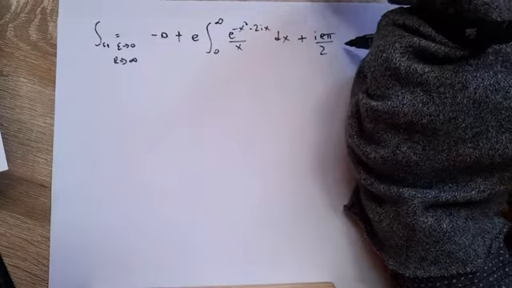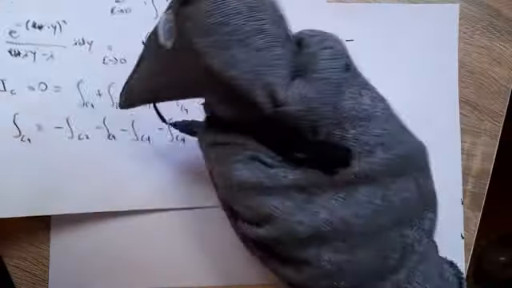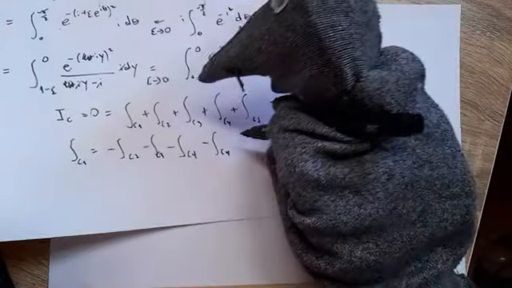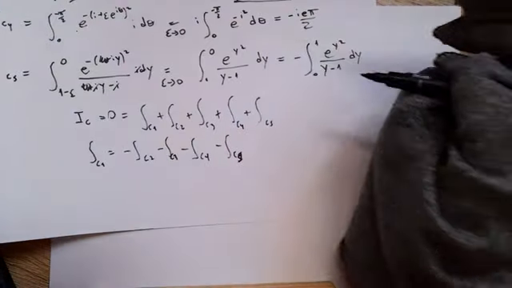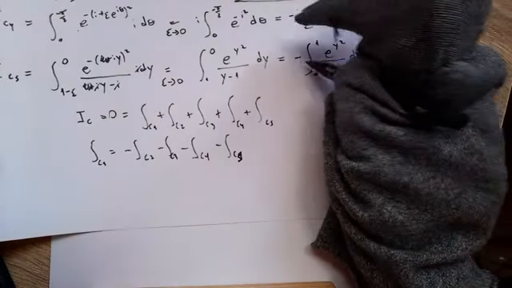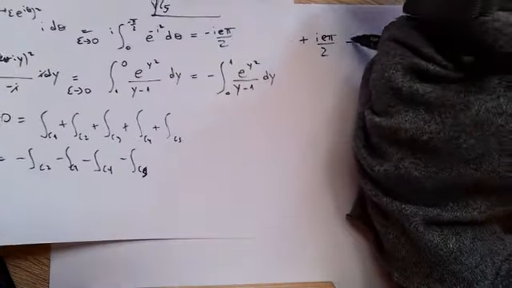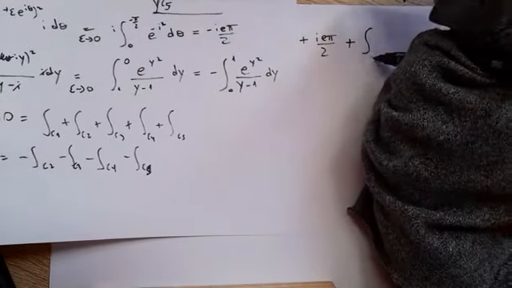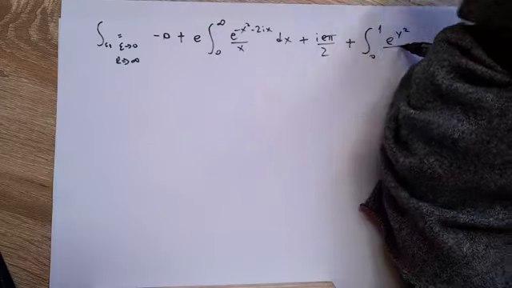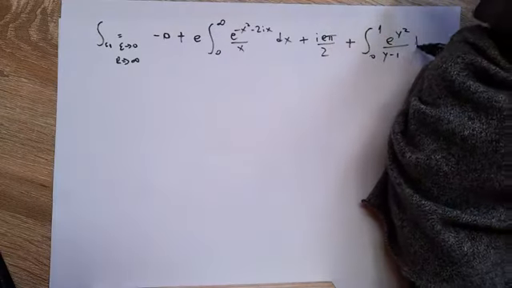And finally minus the integral on C5. C5 here, not C4. The integral on C5 is this one. So minus times minus is plus the integral from 0 to 1 of e to the y squared over y minus 1 dy.